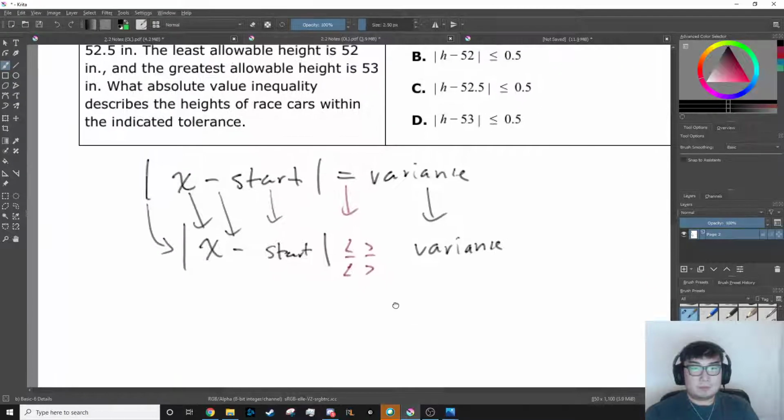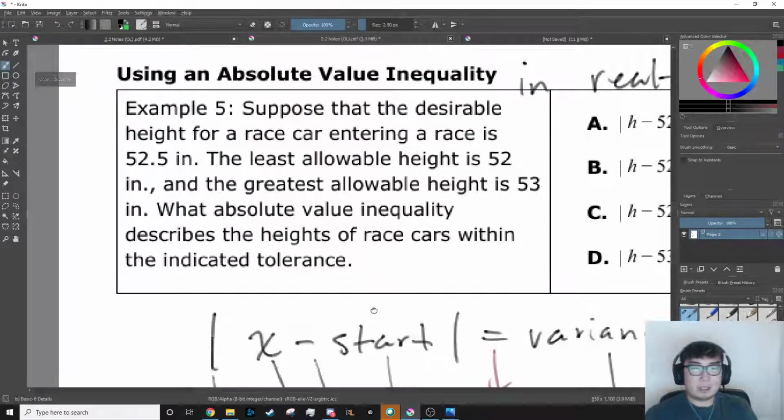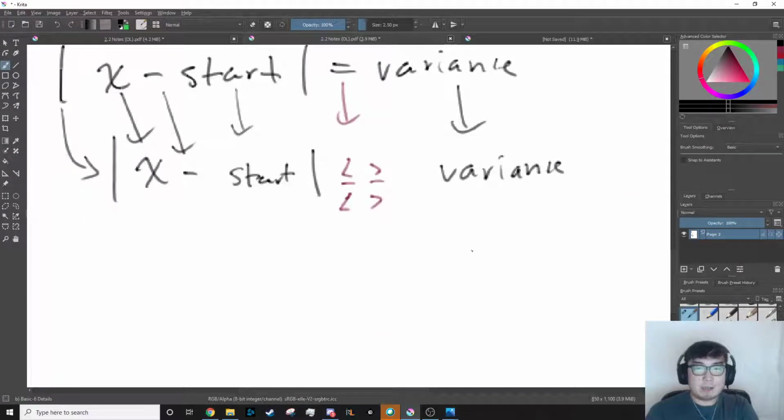So I already know my variance. If I go from 53 to 52, what is the difference between those two? What's the gap between them? The gap is 1. So I know my variance is 1. I don't know which sign I'm going to use yet, but I'm still going to write my absolute value, my x and my minus, and the start.